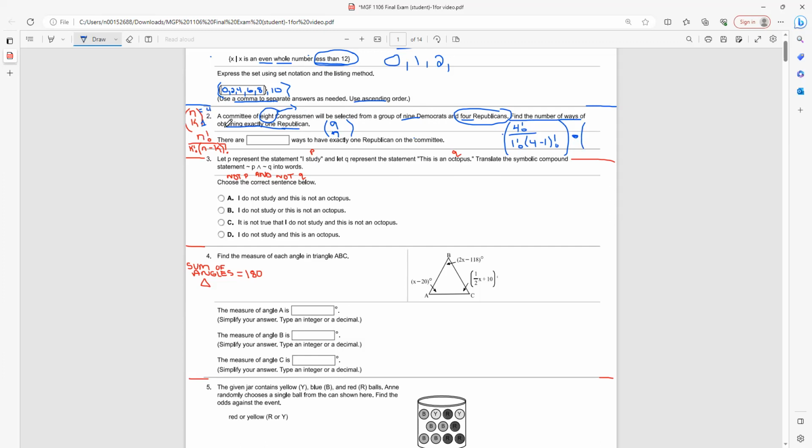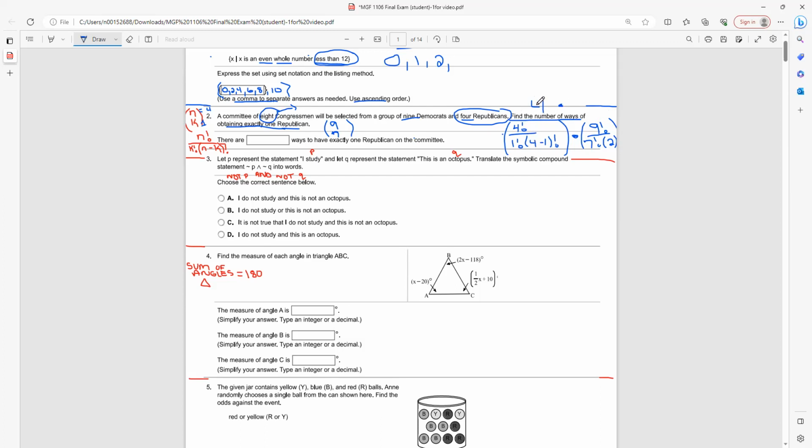Our N this time is 9. So we have 9 factorial in the numerator divided by our K, which is 7 factorial, times 9 minus 7 factorial, or 2 factorial, okay? And then we want to simplify these two and multiply them together.